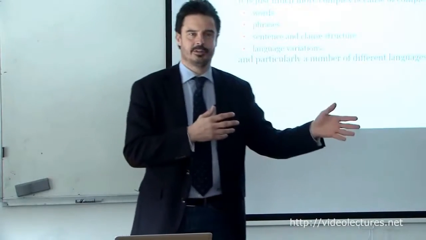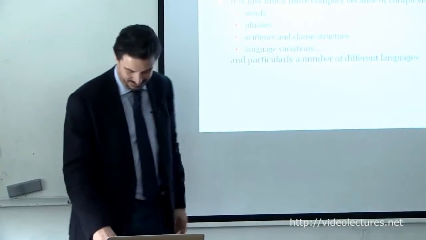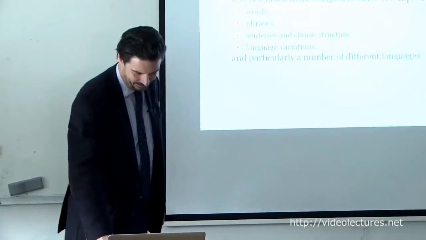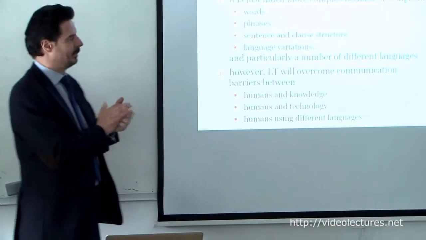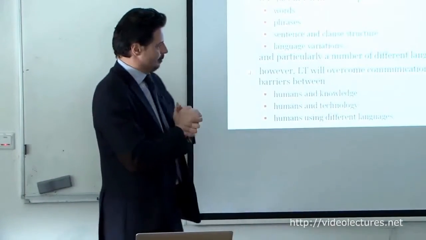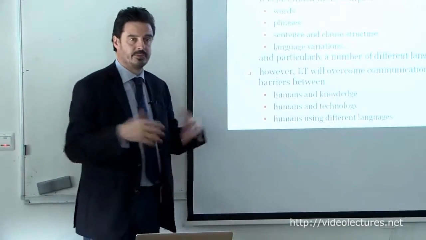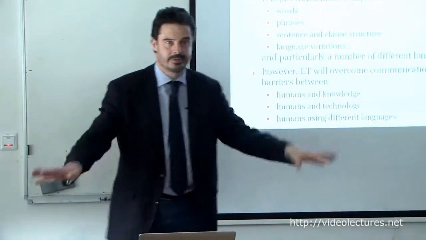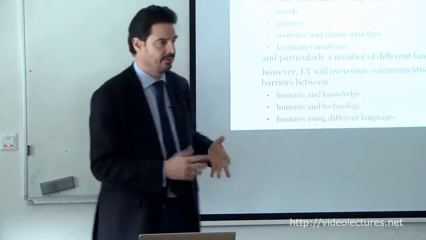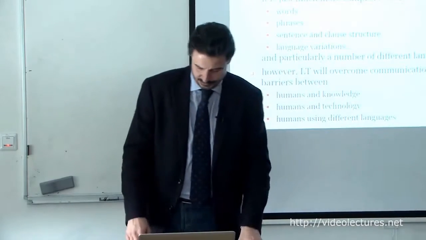At least you can look at the number of languages for which Wikipedias are being produced, and that's roughly an estimation of what number of languages we are talking about. But of course, language technologies will help us to overcome the communication barriers, not just between humans and the knowledge, which is somewhere stored, but also humans and technology and machines, and of course humans and humans using different languages.